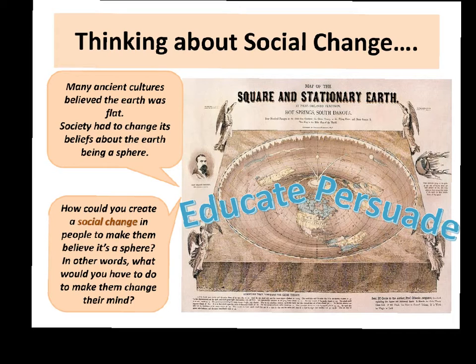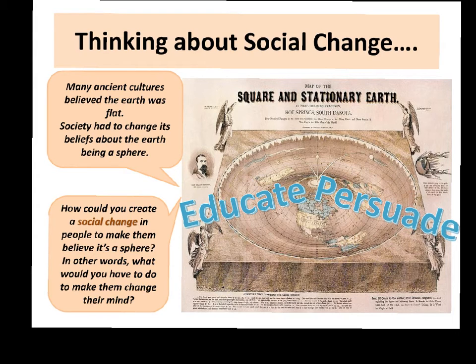So when we're thinking about social change, and for this particular area of your examination, you've got to focus in on how the social change is brought about. So what can we do to actually change the way that people think and change people's belief systems?